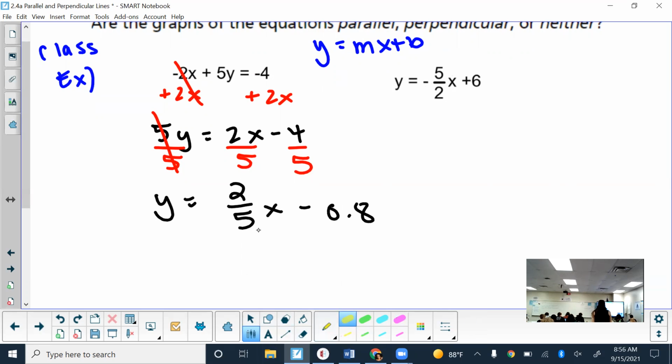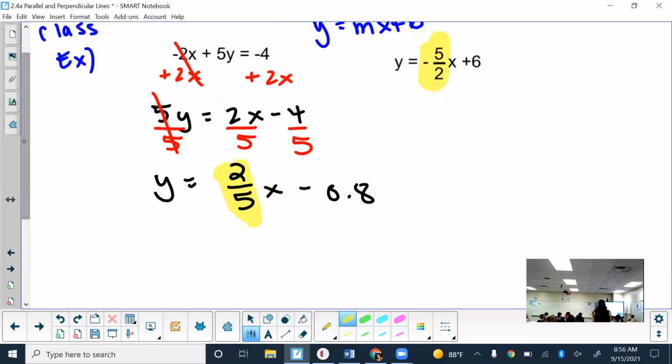We did not have to rearrange this one. And I have 2/5 and -5/2. So are they parallel? No, because they don't have the same slope. Are they perpendicular? Yes. Are they negative reciprocals of each other? Yes. So then they are perpendicular.